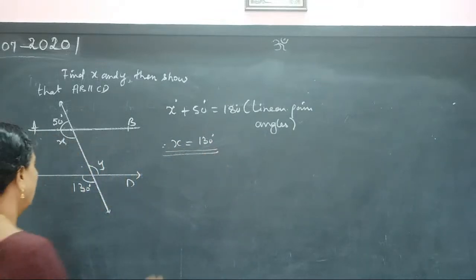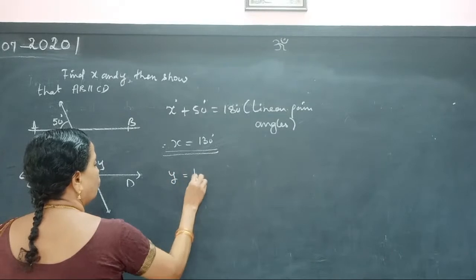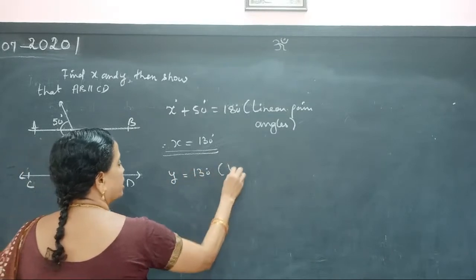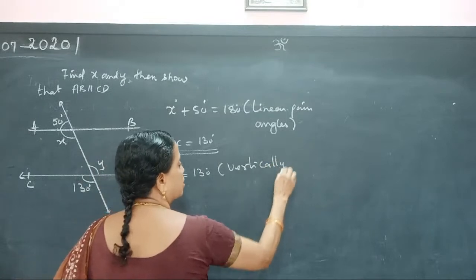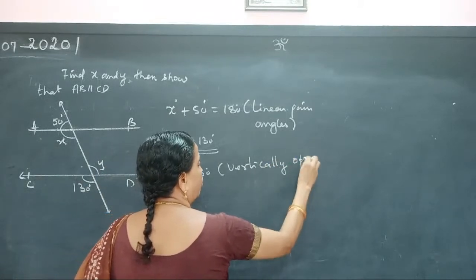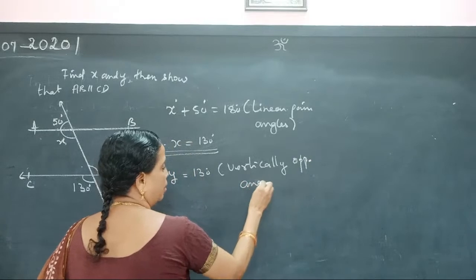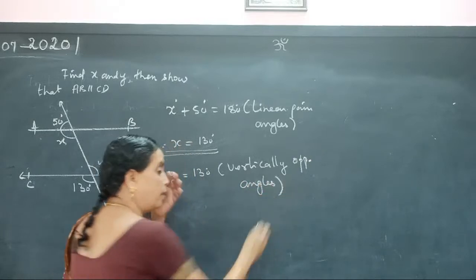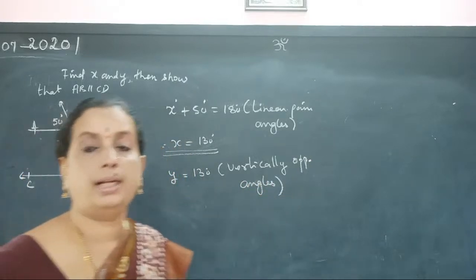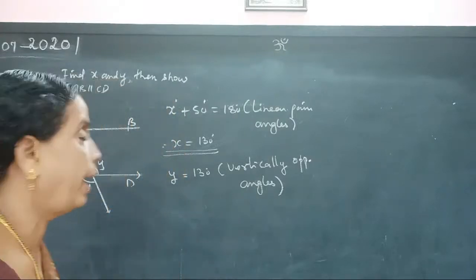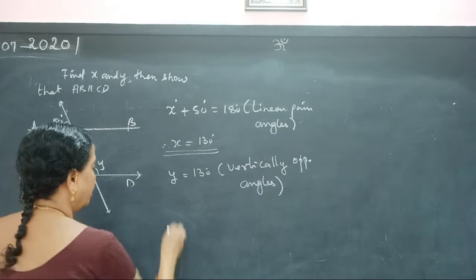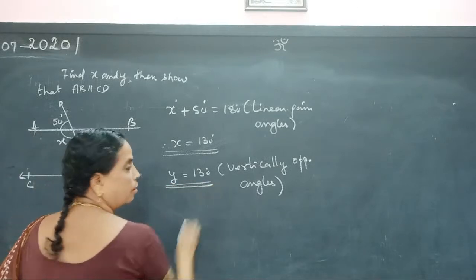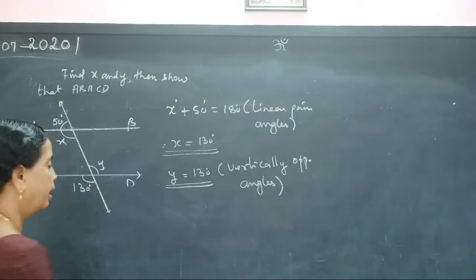Next, y equals 130 degree. Reason: vertically opposite angles. So don't go directly with alternate or co-interior angle. We have to show either using linear pair or vertically opposite angle. Therefore, y is equal to 130 degree.